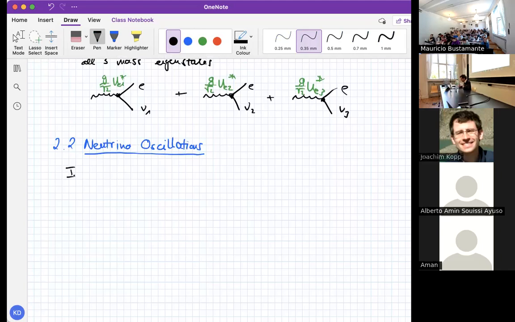So in a CC interaction, we produce a flavor eigenstate because by definition, well, we always get this superposition which corresponds to a definite neutrino flavor. And as we've just seen, this is a superposition of mass eigenstates, U_αj^* times ν_j.